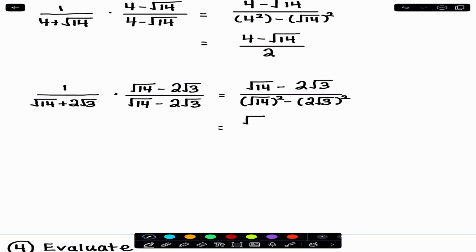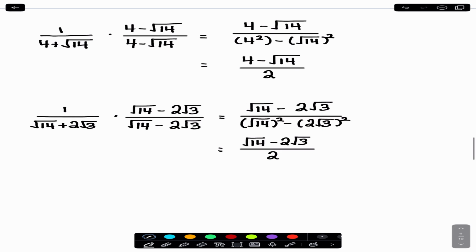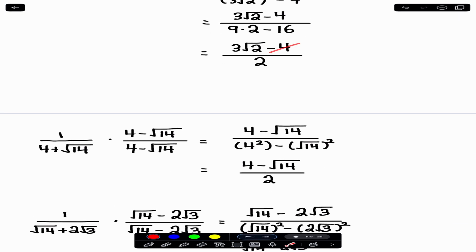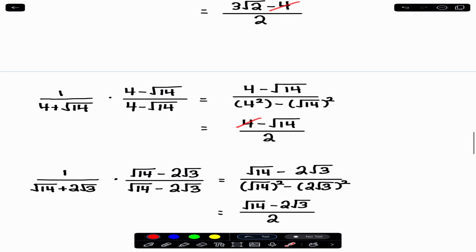Hope you're not surprised by that, but that's also 2. And now we see, yes, if we were to combine all three fractions, negative 4 goes with positive 4, negative square root of 14 goes away with positive square root of 14.